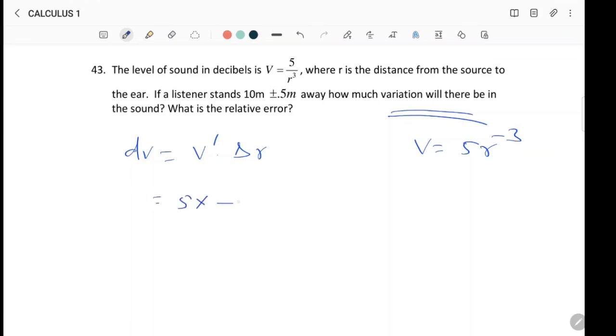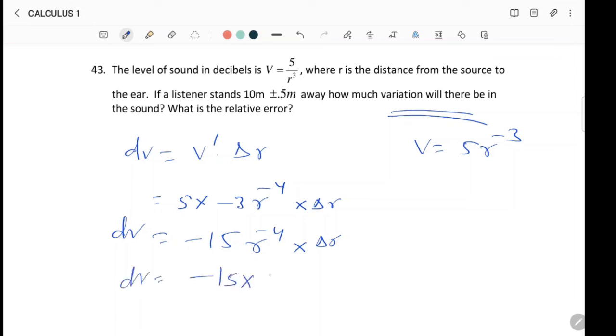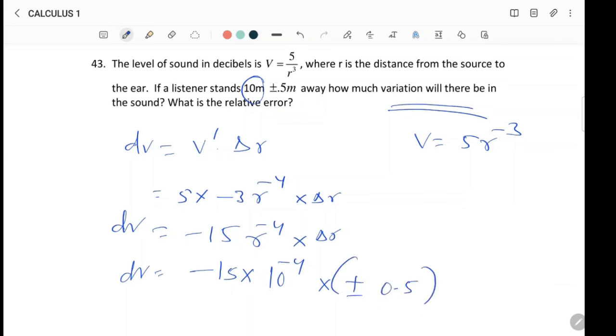So 5 times minus 3 r to the power minus 4 delta r, which is minus 15 r to the power minus 4 delta r. This is dv. dv is minus 15, and r equals, what is r? 10. Yeah, this will be 10. So 10 to the power minus 4, and delta r is plus minus 0.5.